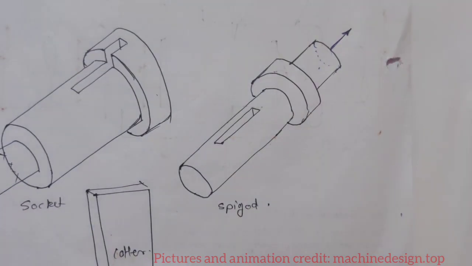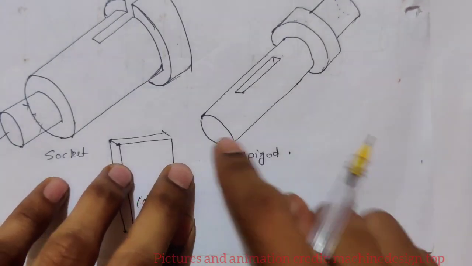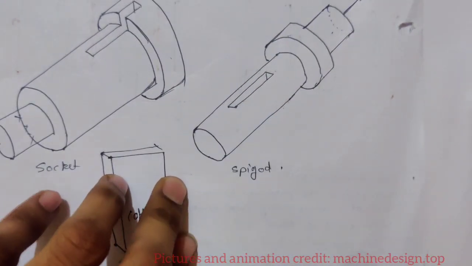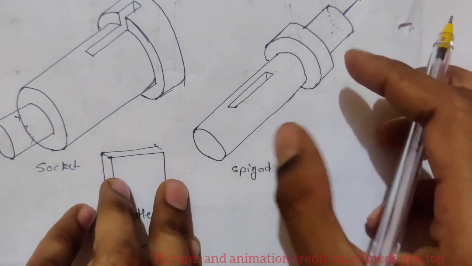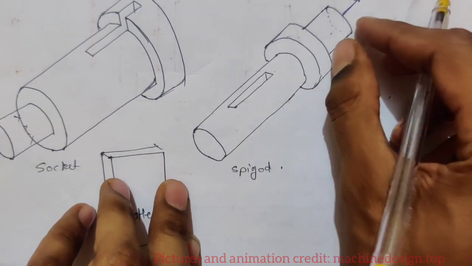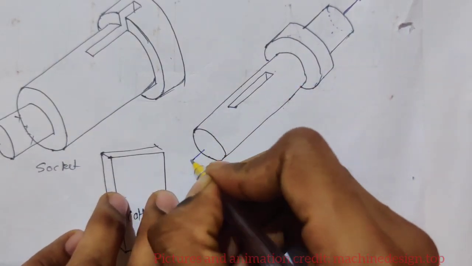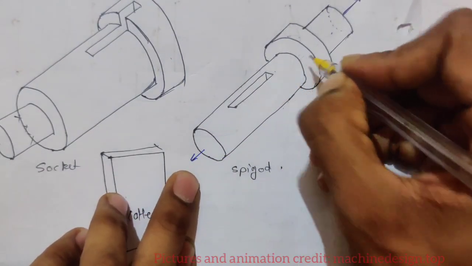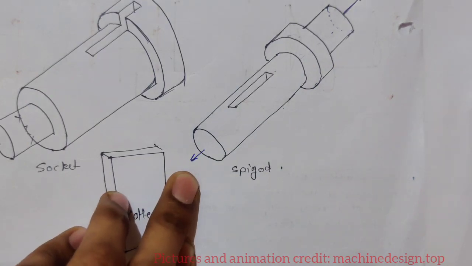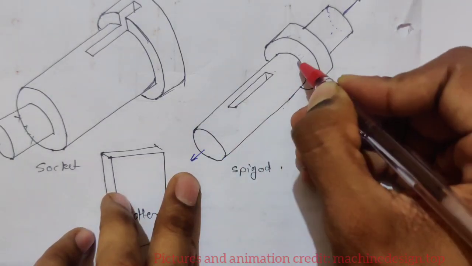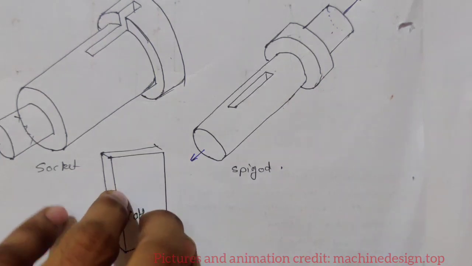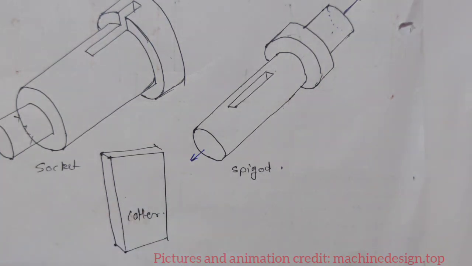Now see here, so we're having spigot over here, right? So consider, now I'm not considering spigot collar, neither rod, I'm just considering spigot. Okay, it is tension force over here, tension force from this side also. So how is it going to break?